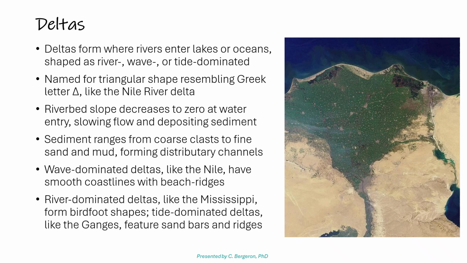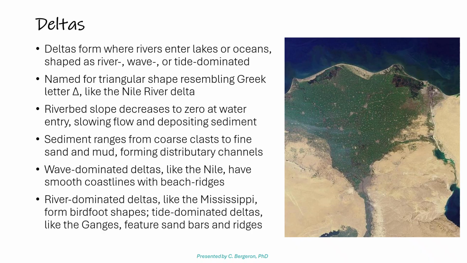And so imagine a river on a higher slope, the velocity is going much faster, and then as you reach flatter land, that velocity is going to slow down. So at the point where a river enters an ocean or a lake, its slope angle is close to zero. It's at sea level. And so the flow velocity will quickly drop.